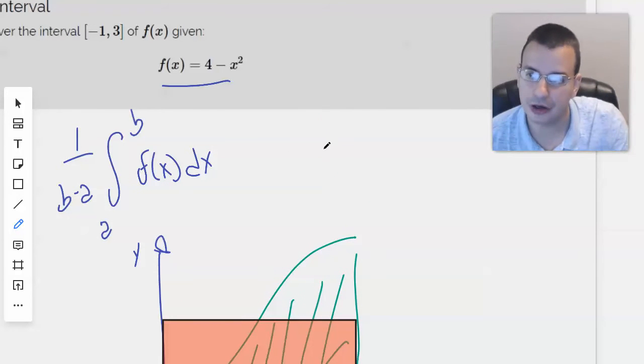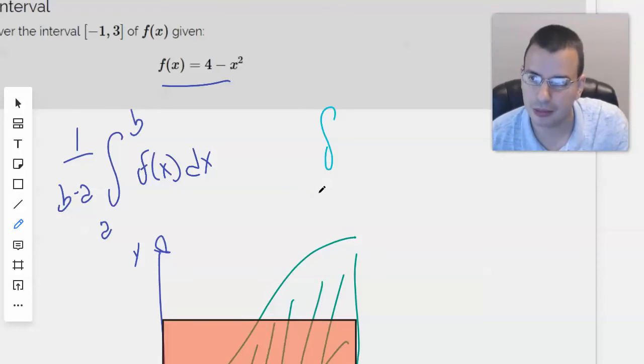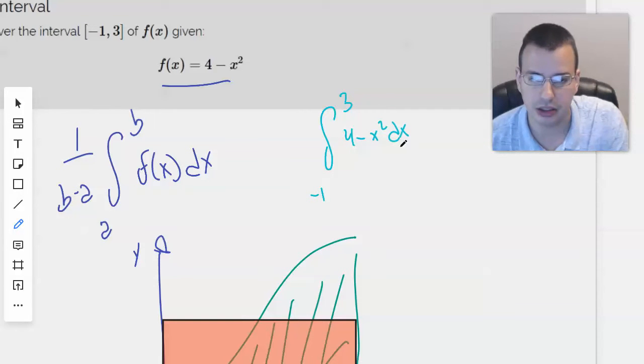Okay, so the integral from -1 to 3 of 4 minus x squared dx.